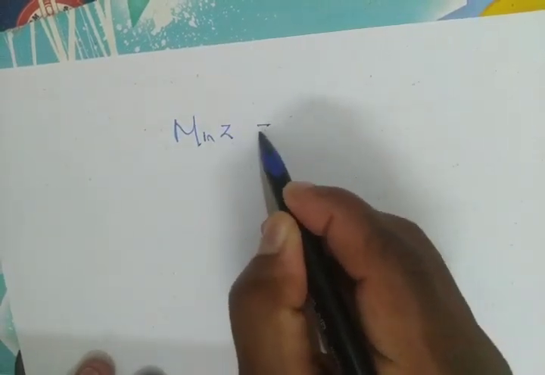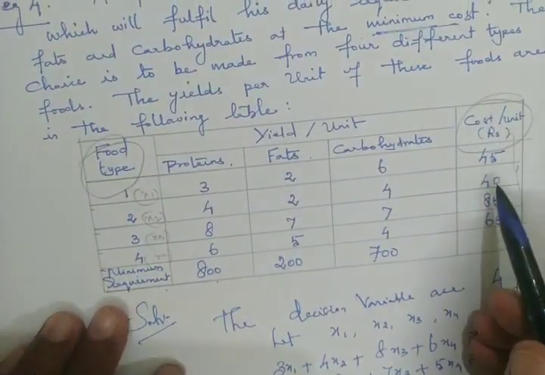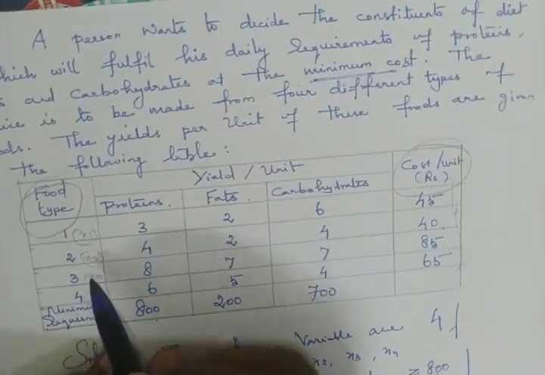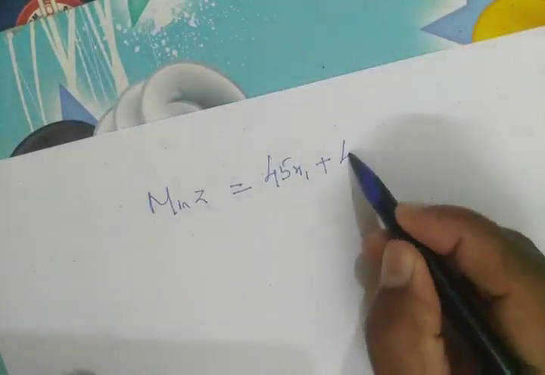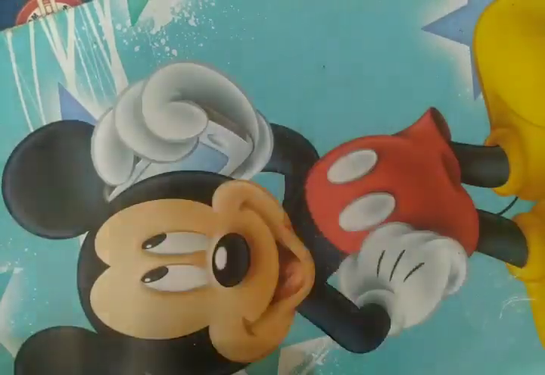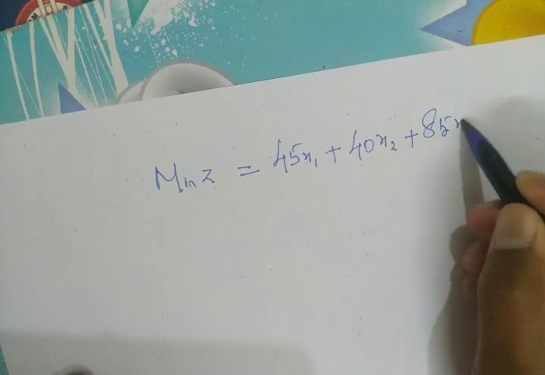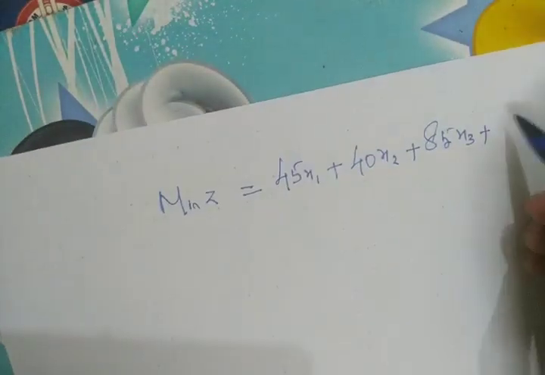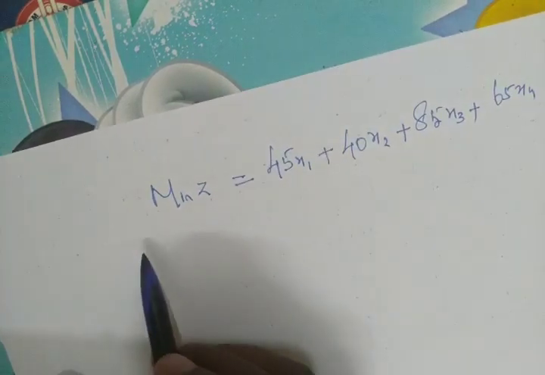That's why minimum of z equal to, here the price which comes corresponding to the food type, 45 into x1 plus 40 into x2 plus 85 into x3 plus 65, whose corresponding variable we assigned to x4, 65 into x4. We formed that objective function.